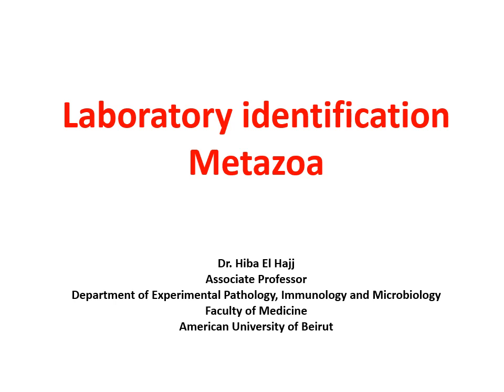Good morning, everyone. In today's session, we will be focusing on the laboratory identification of select metazoa, as we have done for select protozoa, and we will be focusing on the clinical specimen and the stages to be identified for these metazoan parasites.